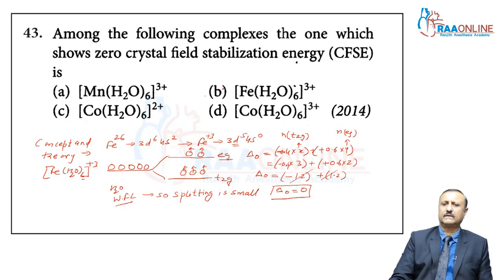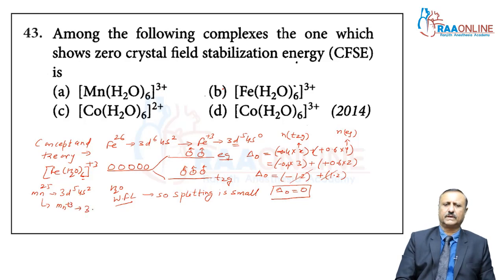My dear students, you can calculate in all of them, A, Mn. When Mn is calculated, first of all you write the atomic number of Mn, 25. Electronic configuration is 3d5 4s2. Here you can see 3 electrons are removed because Mn is present as Mn plus 3.